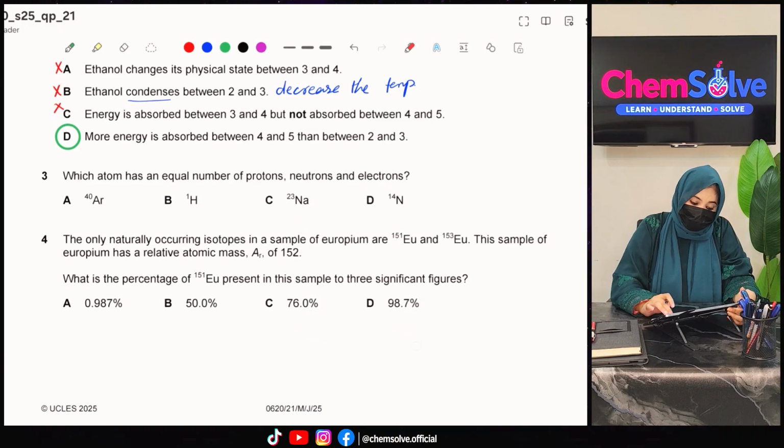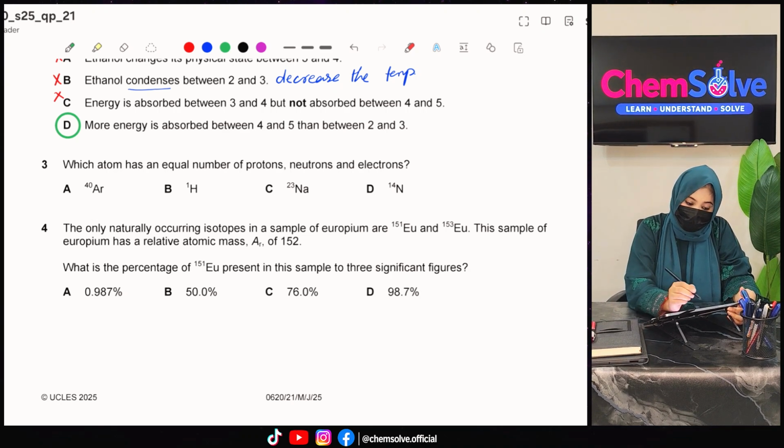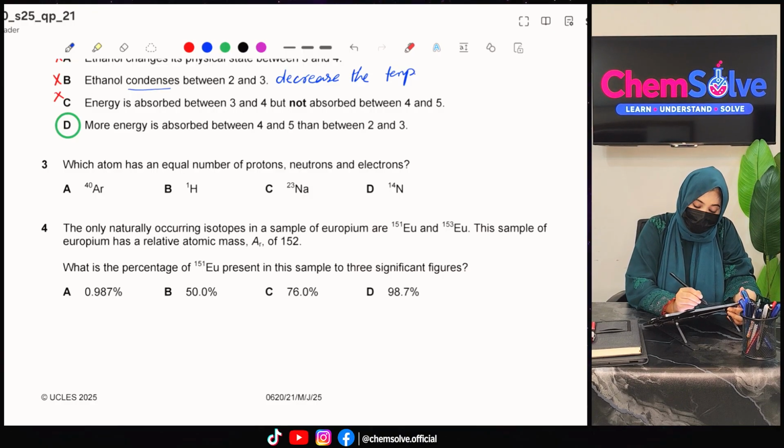Now comes question number 3. In question number 3, we are given certain atoms, and we have to tell which one of them has an equal number of protons, neutrons, and electrons. So of course we have to calculate them. For that we need the periodic table.